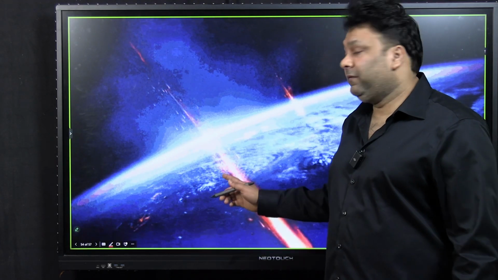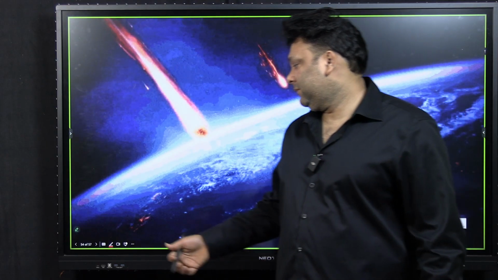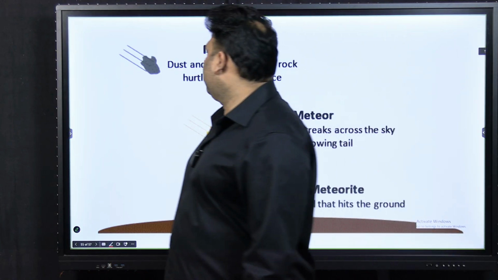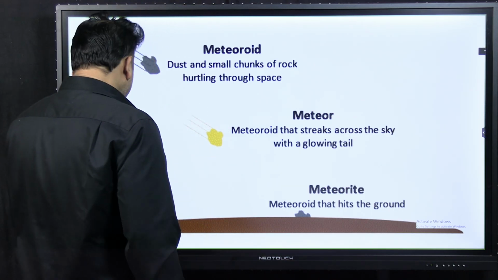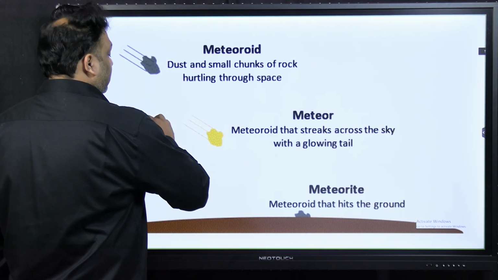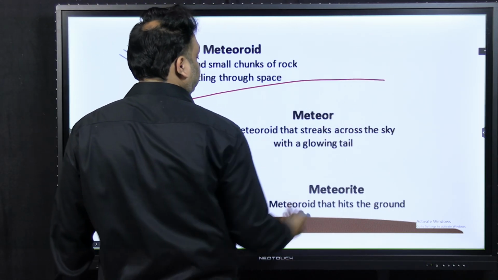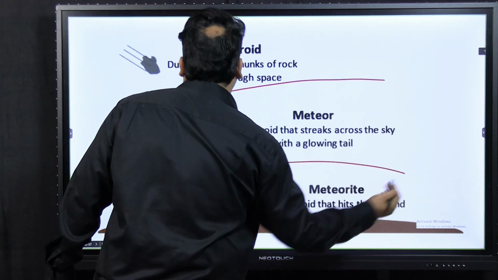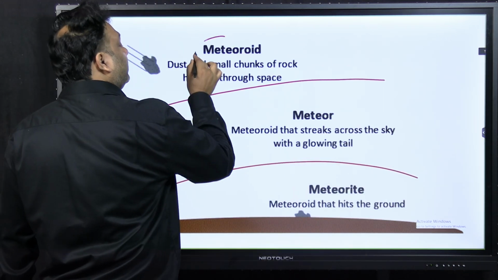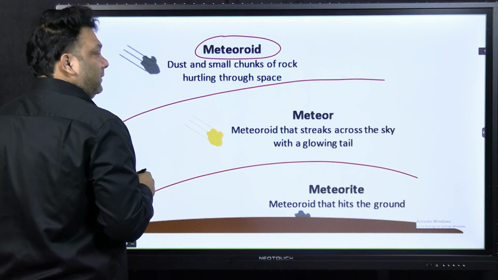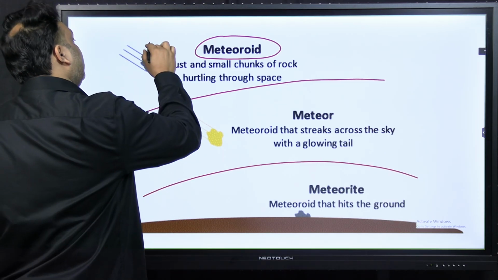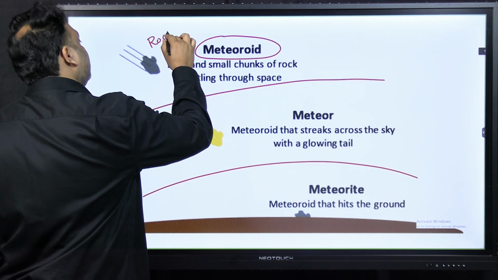Now, this can be differentiated into three. So these are the objects in the solar system which are directed towards the Earth. When it is beyond the Earth's atmosphere, it is called a meteoroid. It is nothing but a rock which is directed towards the Earth.